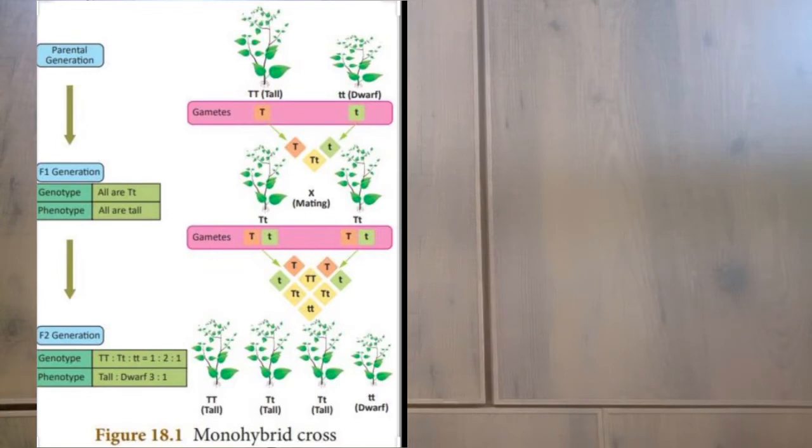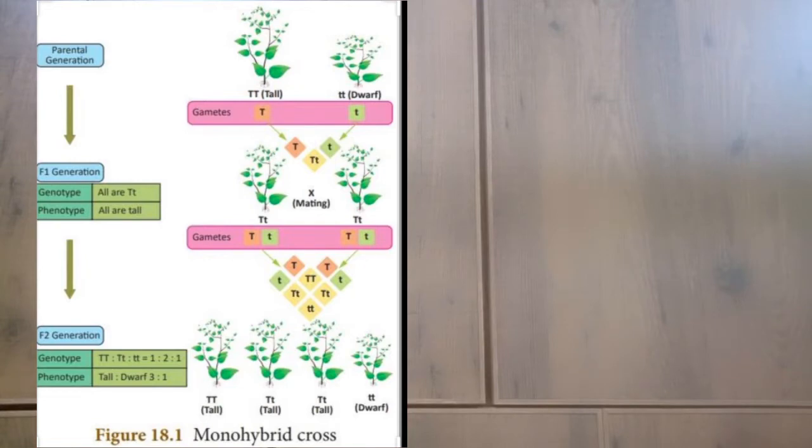That is capital T capital T, capital T small t, capital T small t and small t small t. You can observe that 1/4 of them are short and the rest are all tall. But all the tall are not similar. A few of them are hybrid tall and a few of them are pure tall.